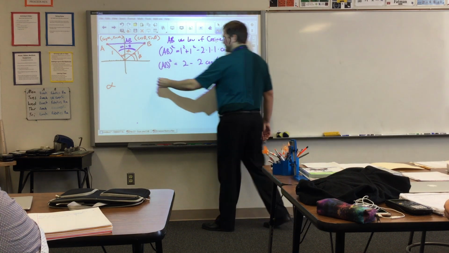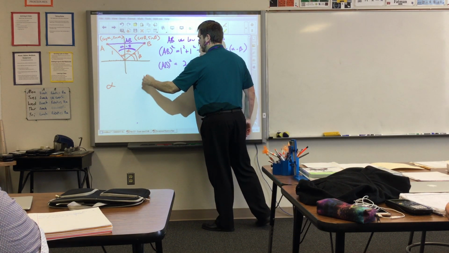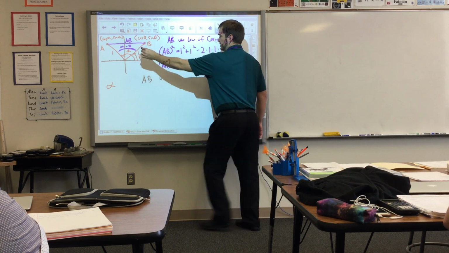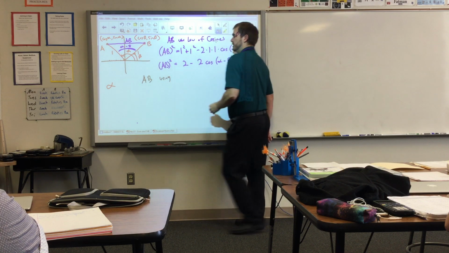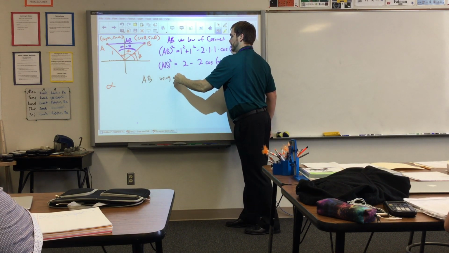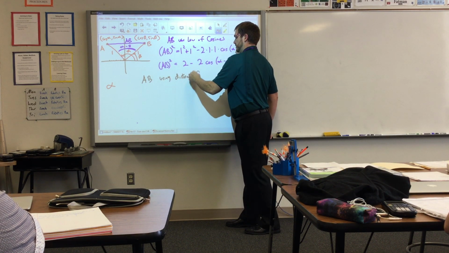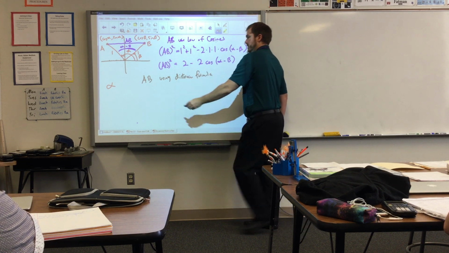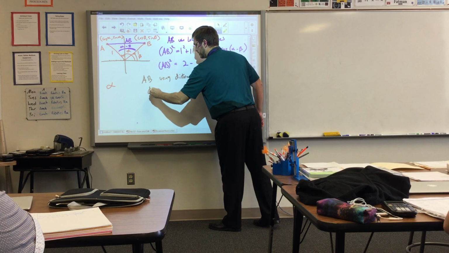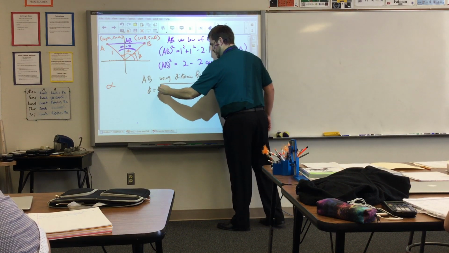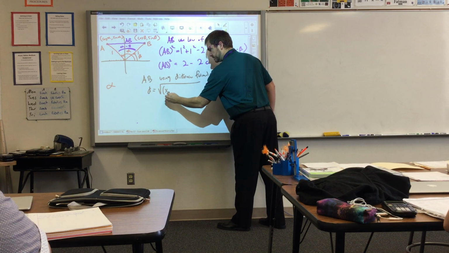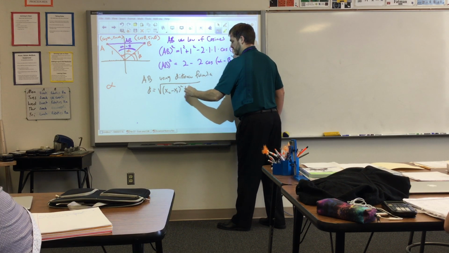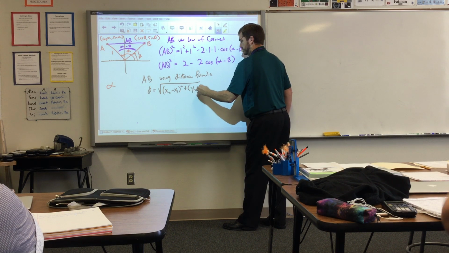So here we go. Next thing, we're going to find AB, the length from here to here, using the distance formula. What the heck is the distance formula? Well, remember, the distance formula is the square root of x2 minus x1 squared plus y2 minus y1 squared. I know this one.